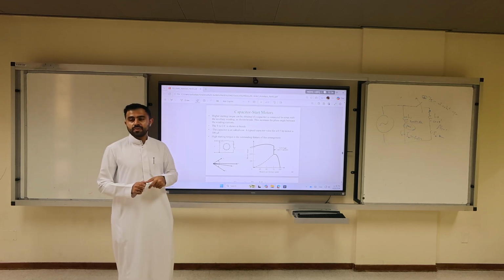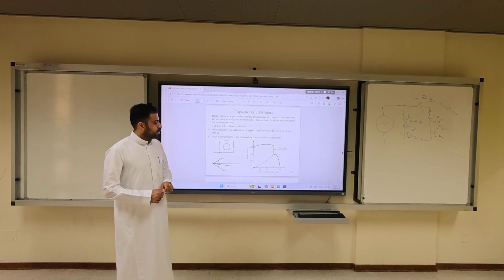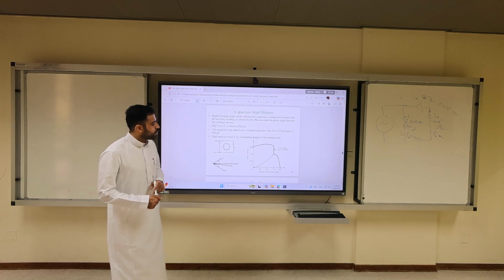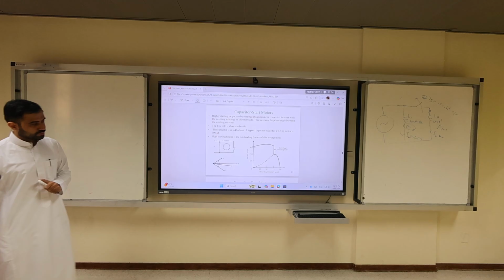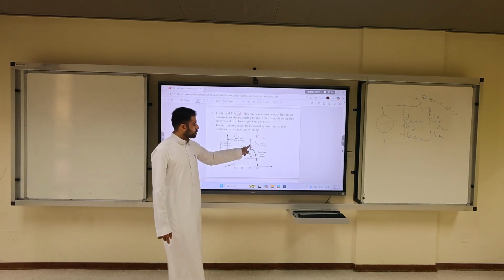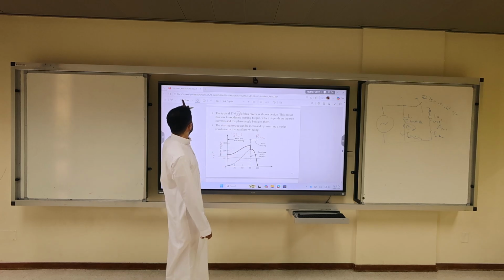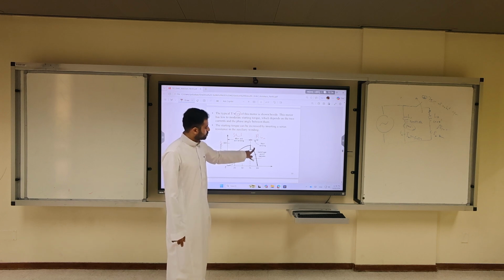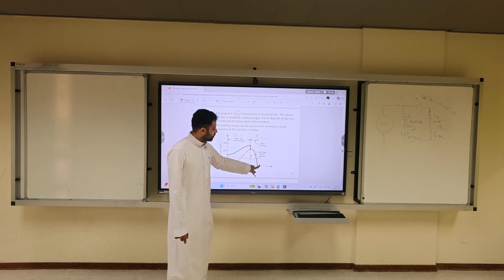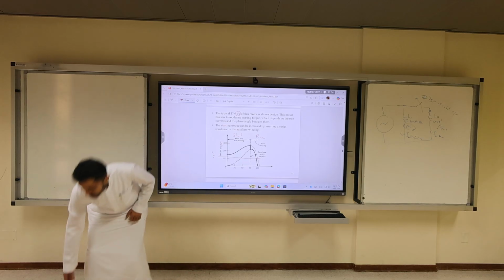But the issue with it is, if you keep both windings, let's say you continue on this curve. You have a different curve. Maybe you have a different speed curve. You can't design it using two windings.